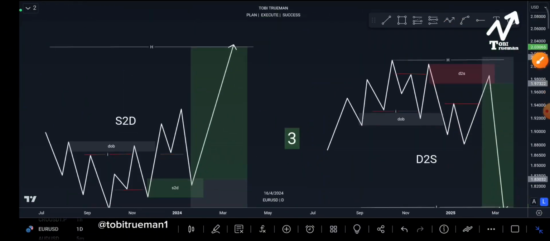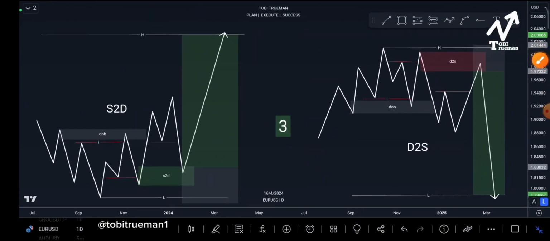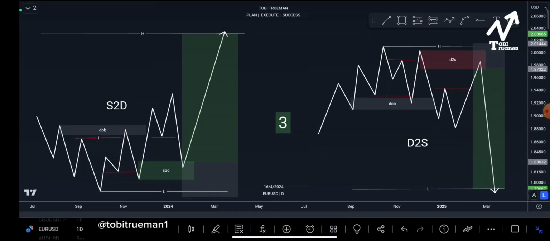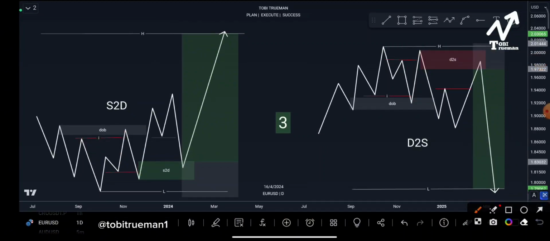Then number 3, you can see number 3, this is price taking out inducement, then tapping on the additional order block. When price came back, it took out this liquidity. Price took out this internal inducement, which is this internal low point.